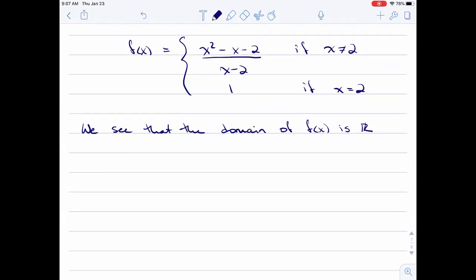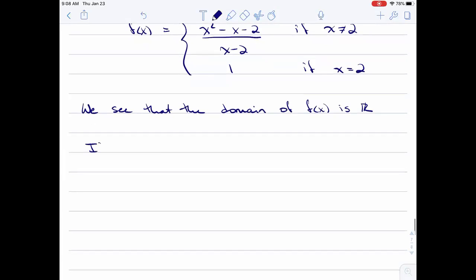So the problem is not that we've got any holes in our domain, right? But we want to know, okay, but we've still got this glitch at x equals 2, right? And so we want to know, the only problem is going to be if x isn't equal to 2, then I can find the limit of f of x at a, right?